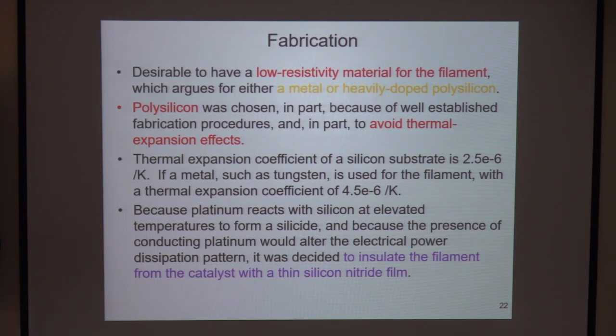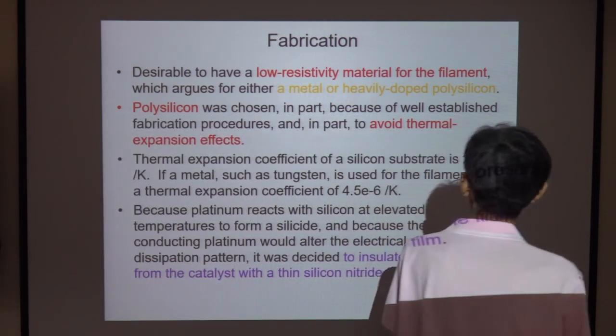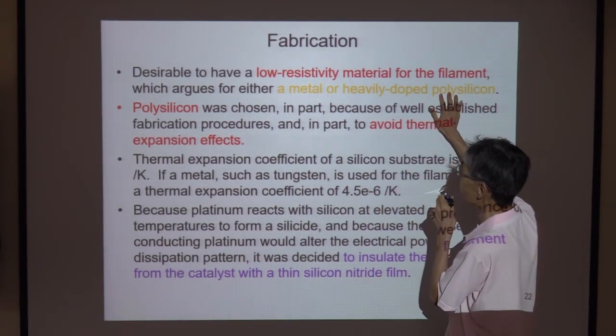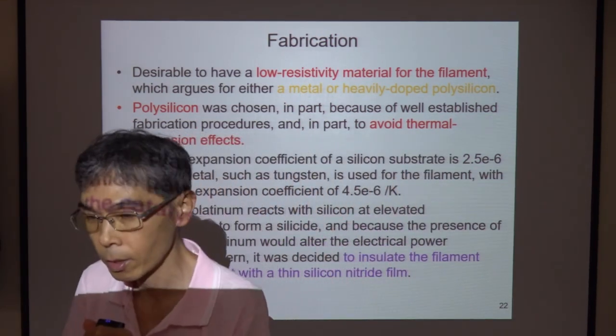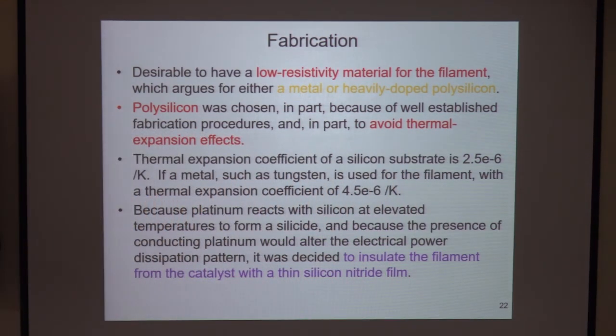And for the polysilicon, metal plus polysilicon is silicide, which means we add metal to the polysilicon to lower its resistivity. Or we use doping. We put a lot of dopants into the polysilicon to increase its conductivity.